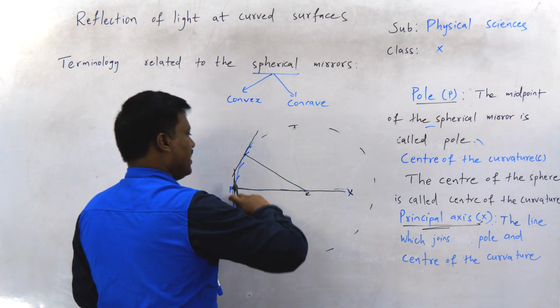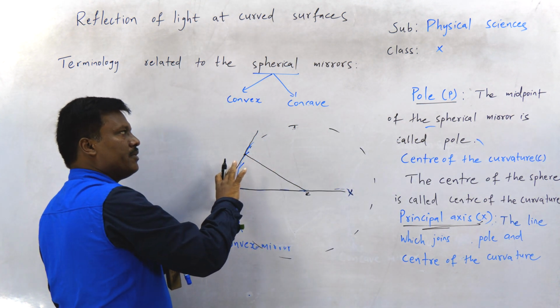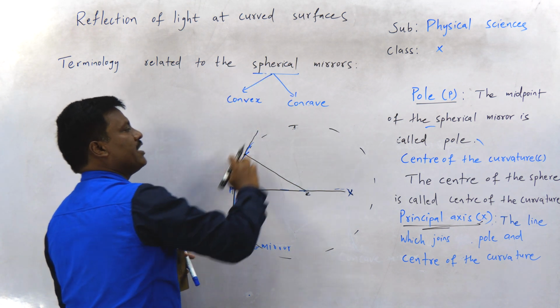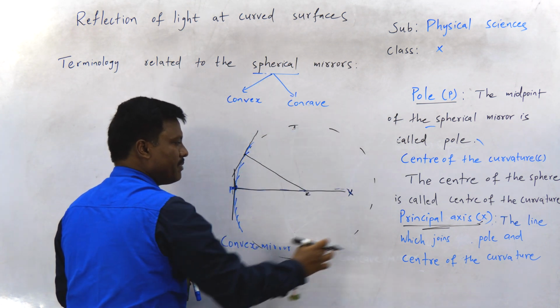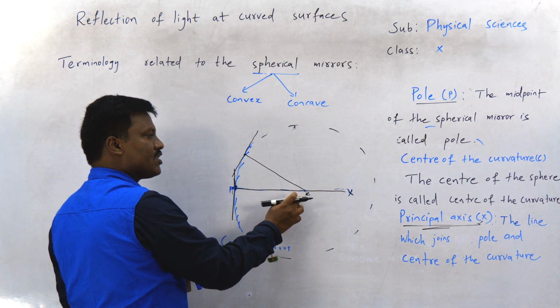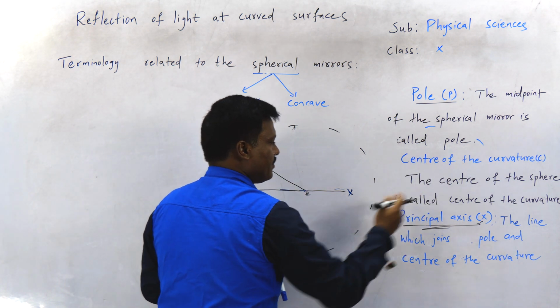Center of the curvature: every concave mirror or convex mirror is a part of a sphere. If we complete the remaining part, we get a complete sphere. That sphere has a center in the middle, which is called the center of the curvature.